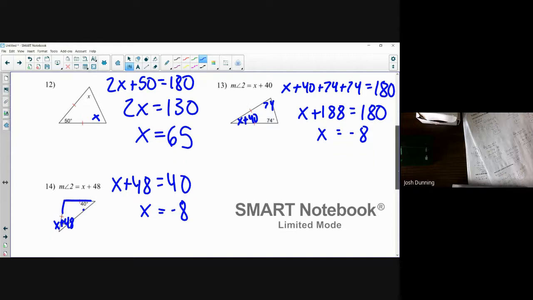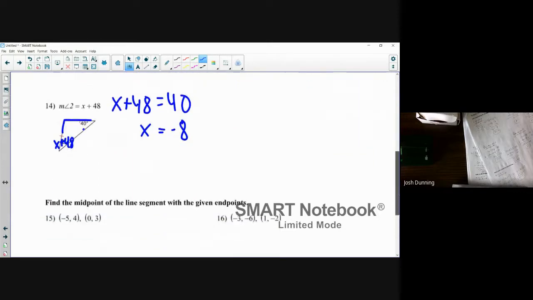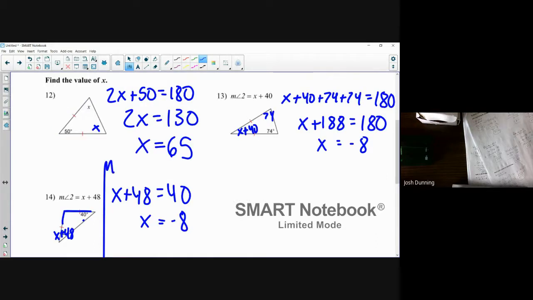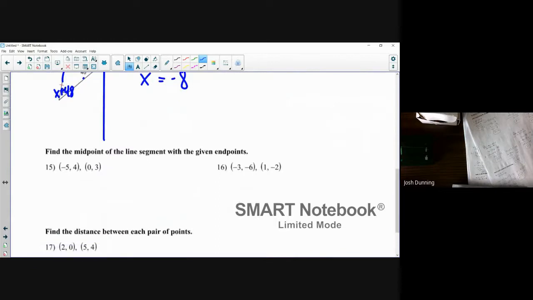Midpoint. Average your x's, average your y's. When you average, you add them up, divide by how many there are.